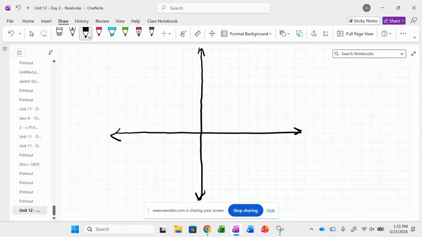Okay, start off with our vertex. Our vertex is 1, 4, right there. I'll put V for vertex. And then our axis of symmetry is x is equal to 1. So I'm going to draw this as a dashed line.